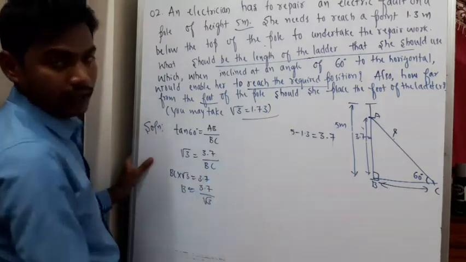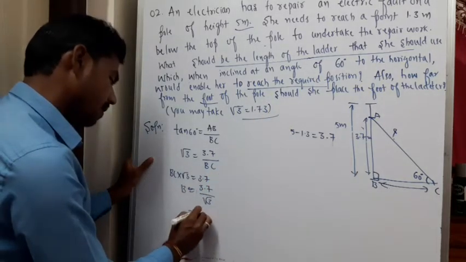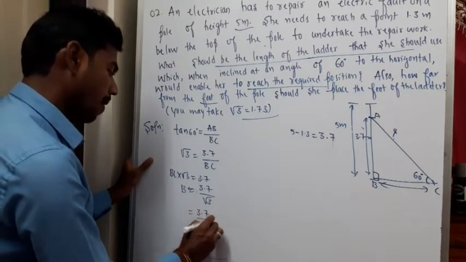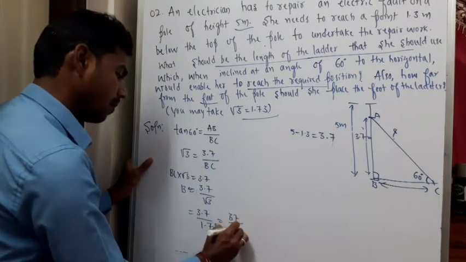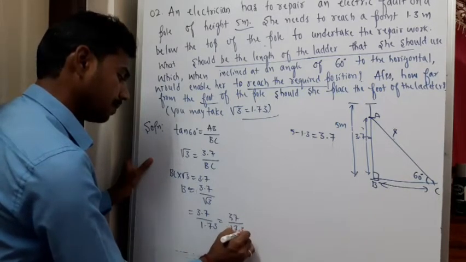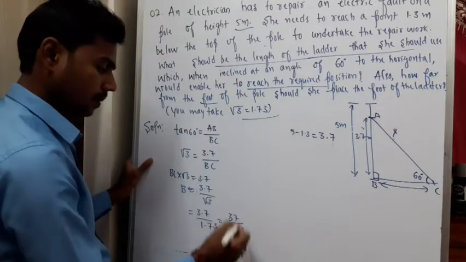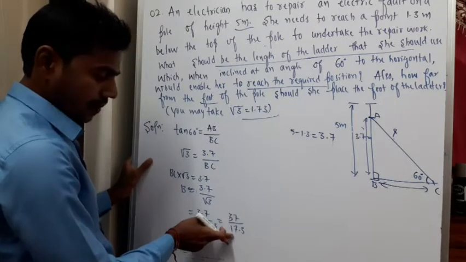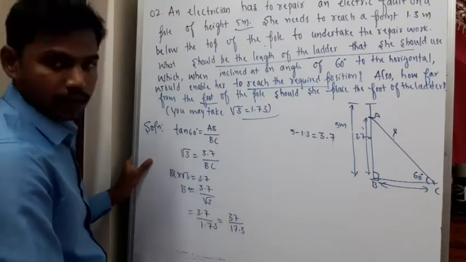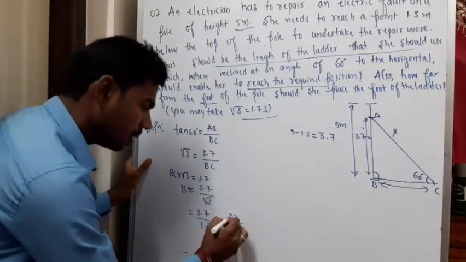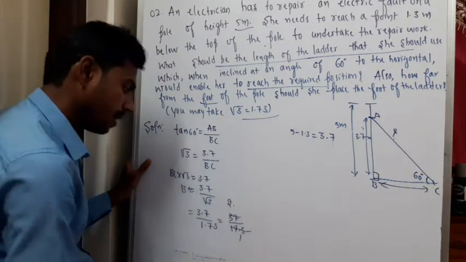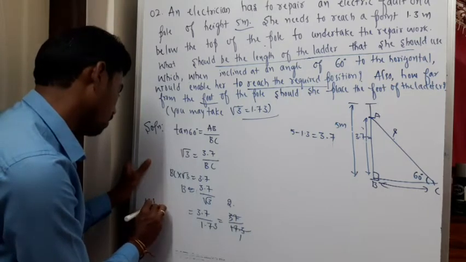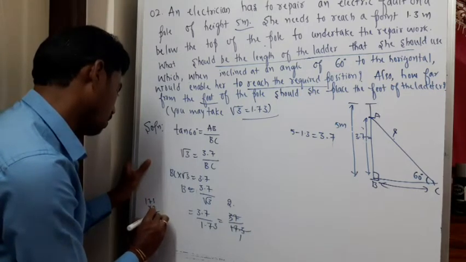Instead of root 3, we can take 1.73. So 3.7 divided by 1.73, or else we can write it as 37 divided by 17.3. Okay. Now 17 1s are 17. 17 2s are 34, so I can make use of the two multiple. 173 into 2: 2 3s are 6, 2 7s are 14, carry 1, 2 1s are 2.